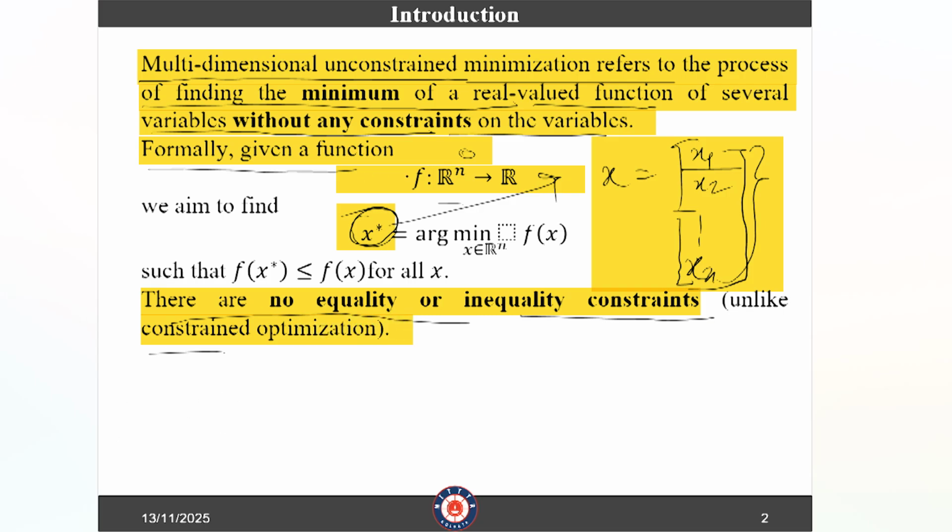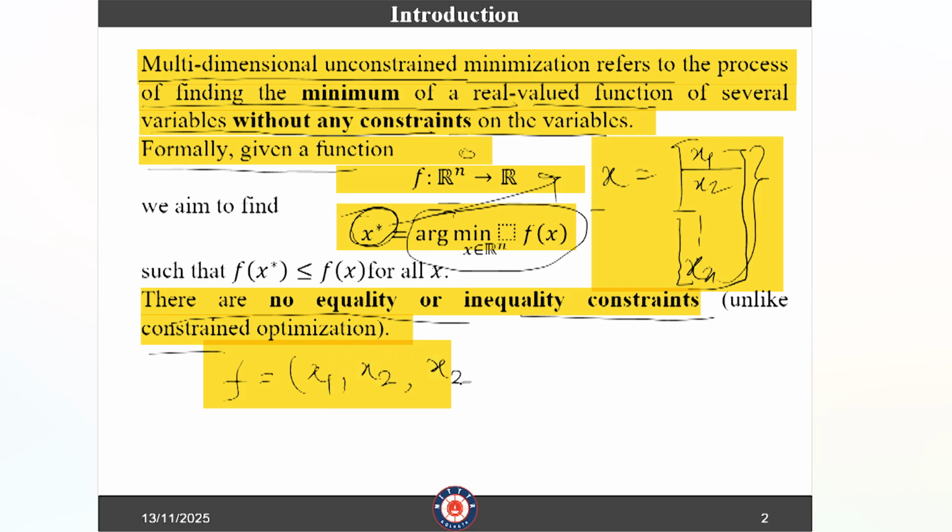Say a function consists of x1, x2, x3 and so on up to xn. Then we need to take the partial derivatives of the function.